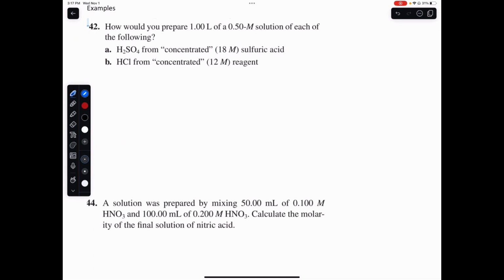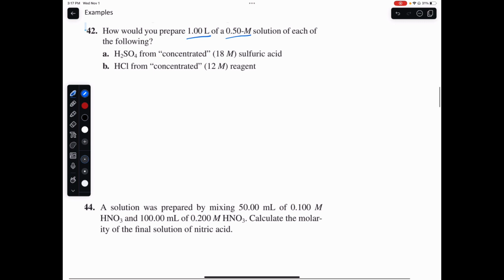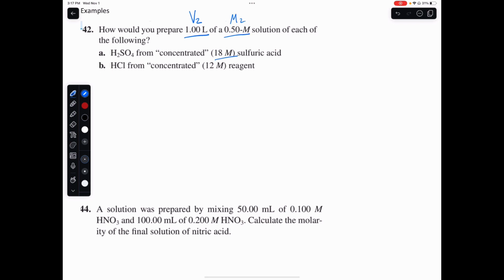How would you prepare 1 liter of 0.5 molar solution from each of the following? So you're preparing the 1 liter. That is your second volume. It's what you're preparing. And it's going to be 0.5 molar. So that is your second molarity. From each of the following, so you have this concentrated solution of H2SO4, sulfuric acid.